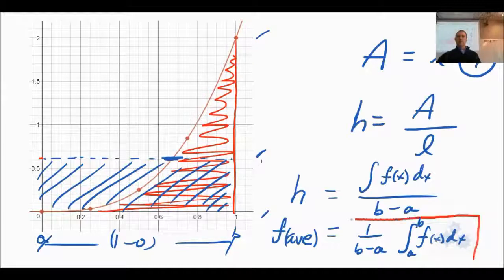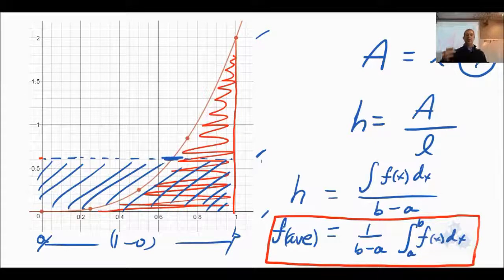And it comes from the fact that the area under the curve equals the length and width of the equivalent rectangle with the equivalent area. So this is the average value of a function. And we can see that if the area is less, the height is going to be a little bit less.